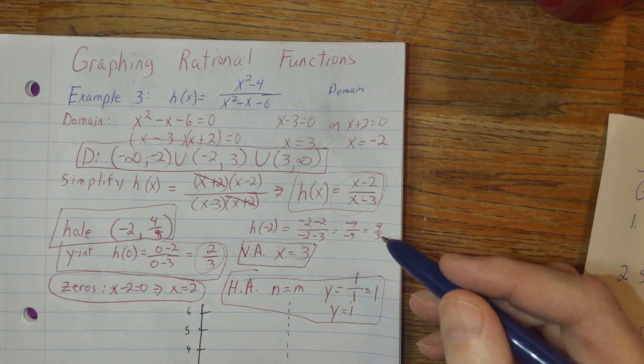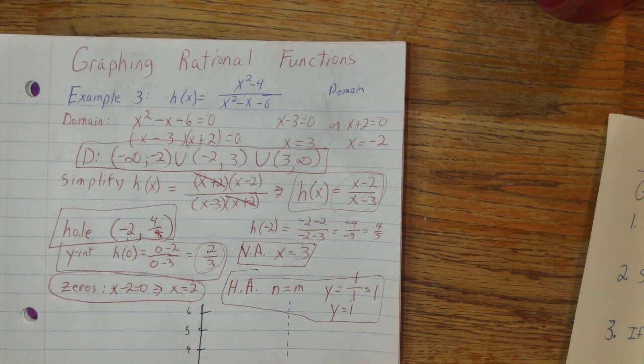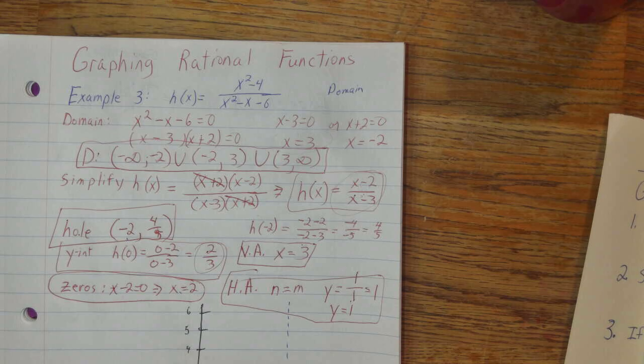Oh, one important part. We do have a hole in this one. Negative 2 and 4/5. So we got a hole right here, right below the asymptote there. Alright, so let's go ahead. We've got enough information here.